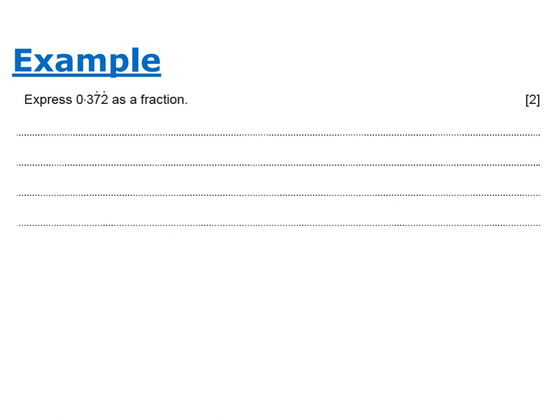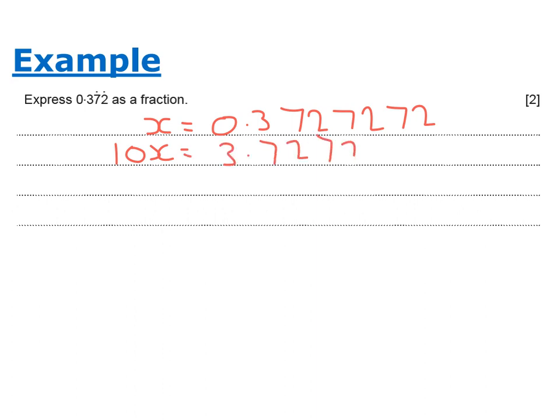So in this question, I'm given express 0.372 as a fraction, and the 7 and the 2 both recur. So I've got x equals 0.3727272. Notice the 3 doesn't recur. I've got 10x equals 3.7272727.